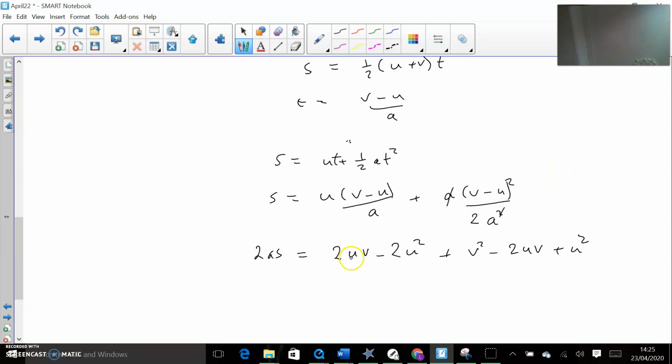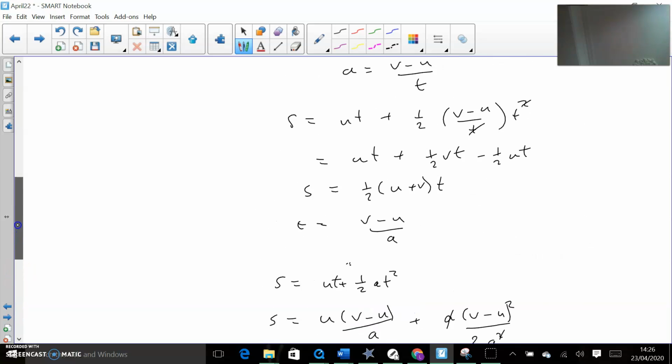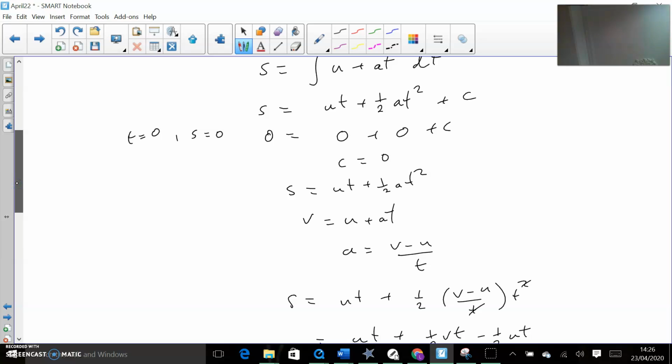And we can see the 2uv cancels, and then we have v squared minus 2u squared plus u squared. So that is in fact equal to v squared minus u squared, which gives us v squared equals u squared plus 2as.